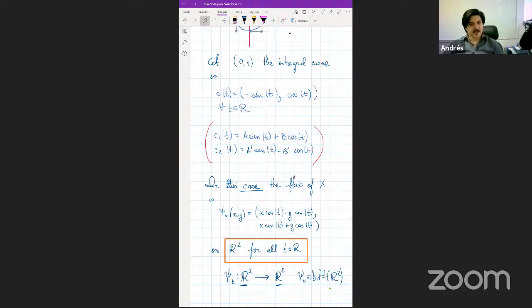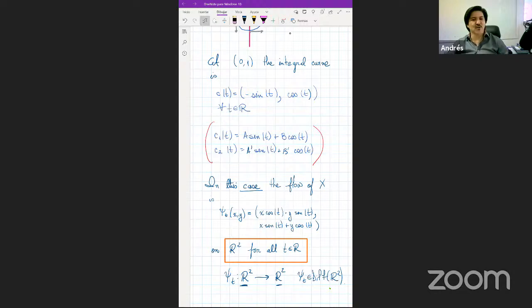Now, the important aspect is that from one vector field, I have a whole collection of diffeomorphisms. Let's remain on R2 with this example.